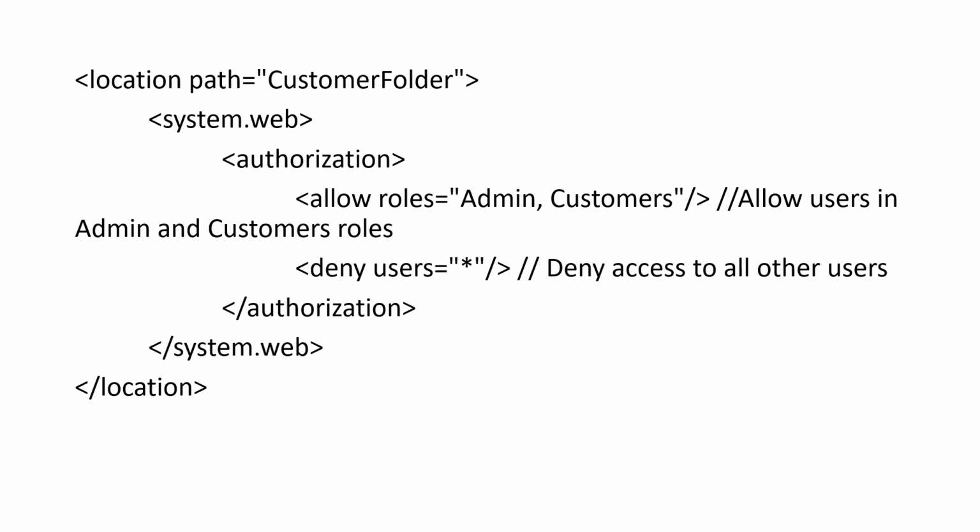So both types of users, both admins and customers, can access all the web pages contained in the customer folder. And then we have to specify the deny tag also, deny users equal to star, and all other users, whether authenticated or anonymous users, will be denied access to this folder.